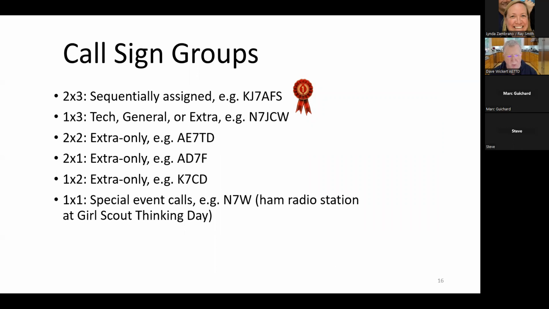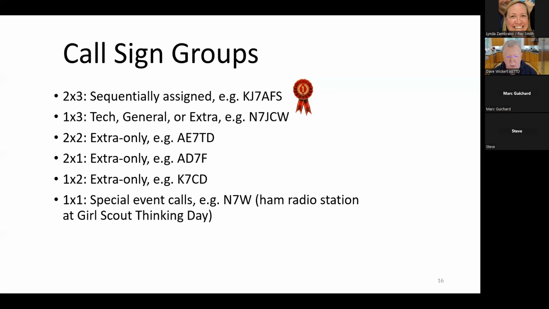If you have a 2x1 and a 1x2 for the number of letters in the suffix and the prefix, then that also indicates that you're an extra only license class holder. You don't have to change your call sign to do this. It's just that it's available to you if you'd like to be able to do it. And then there are such things as 1x1 special event call signs that you can request be assigned to you.